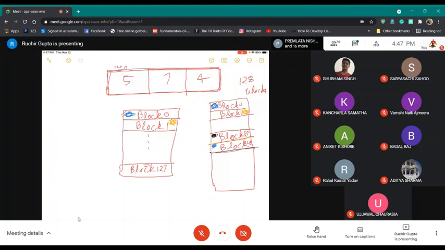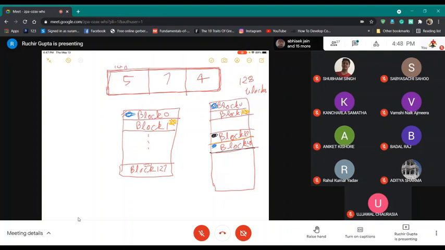So the biggest problem with this kind of thing is efficiency. You said that you replace data when your cache memory is full, when there is no space available. But here you are doing it even when you don't have your cache memory full.